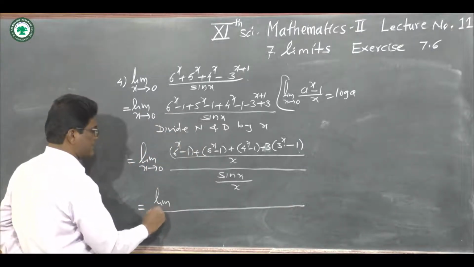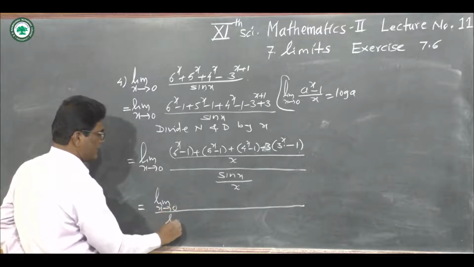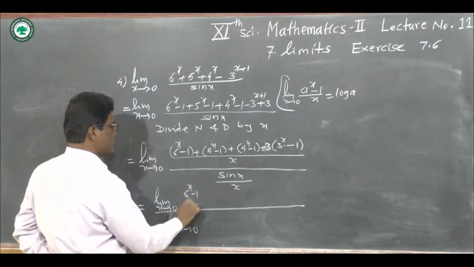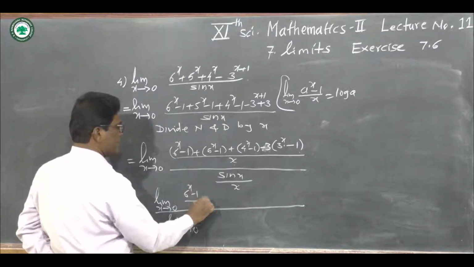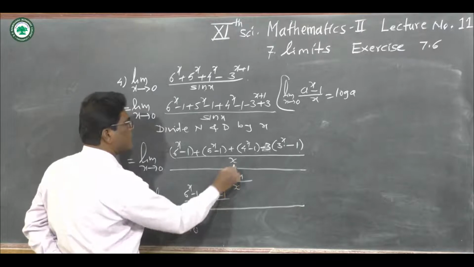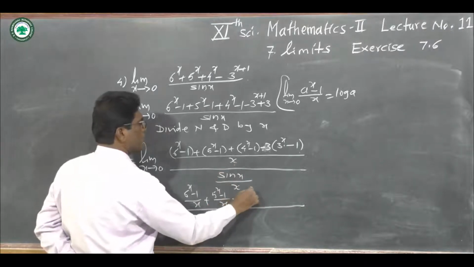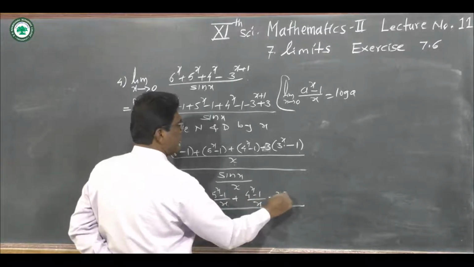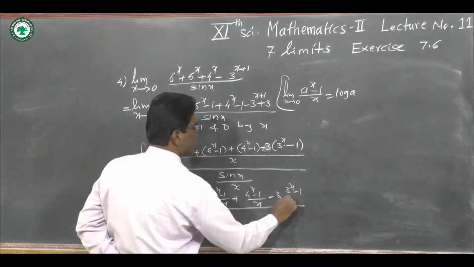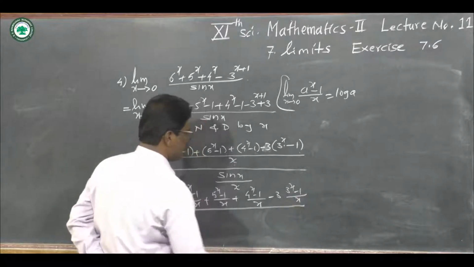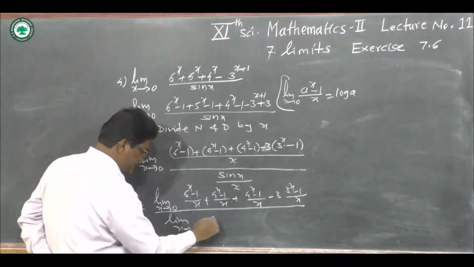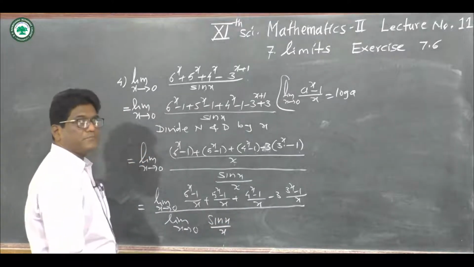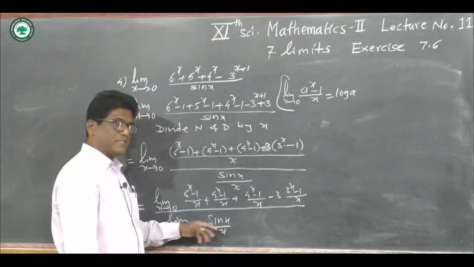Now here (6^x - 1)/x plus (5^x - 1)/x plus (4^x - 1)/x minus 3 into (3^x - 1)/x, and here sin x / x. Now in the denominator it is a standard formula, limit x tends to 0 of sin x / x, that is 1.